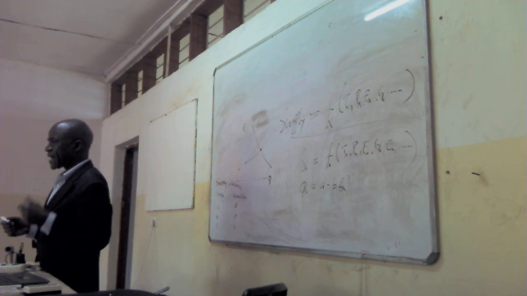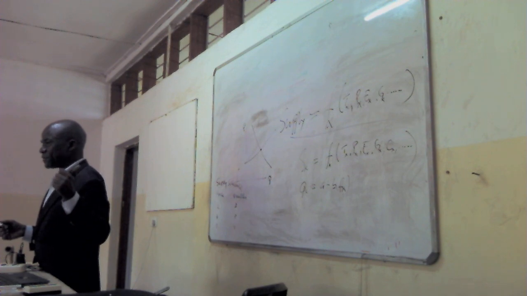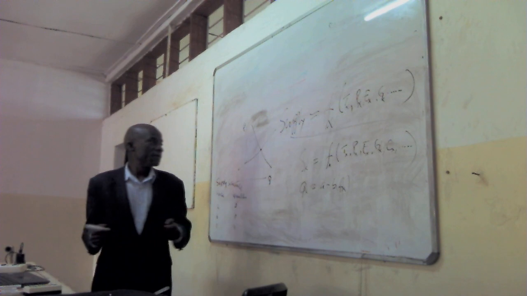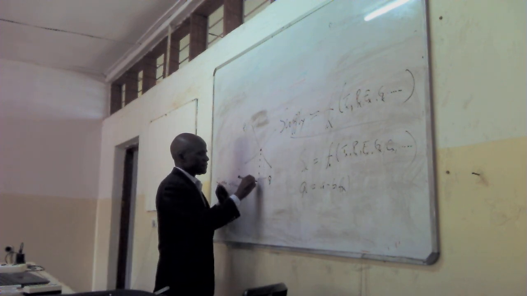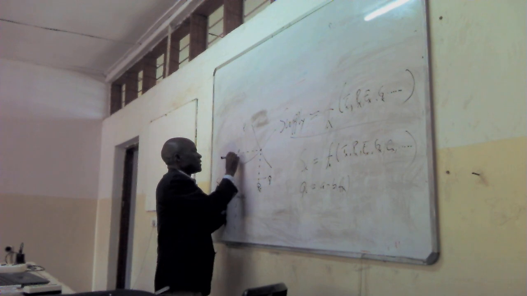The equilibrium price, or the equilibrium point, is where the quantity supplied is equal to the quantity demanded. So the equilibrium quantity is this one, QE, and the equilibrium price is this one, PE.